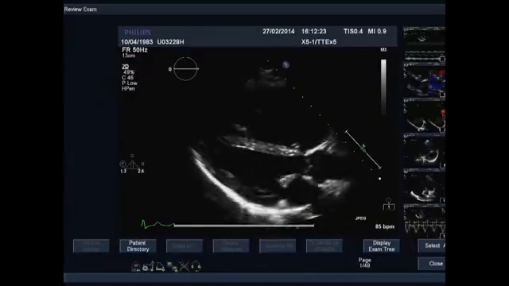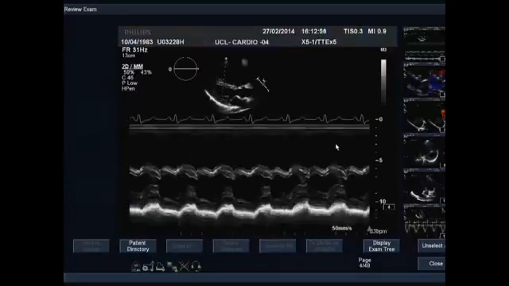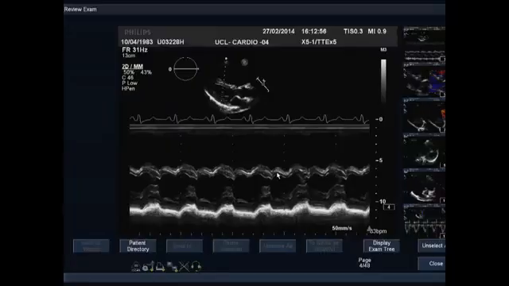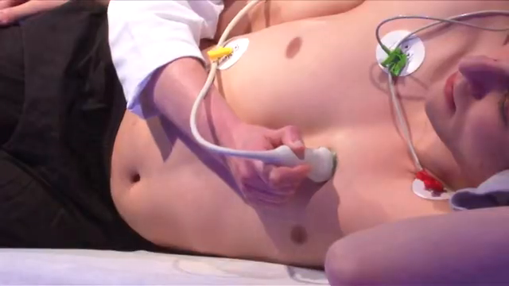If I put an M mode in the same location, you can see this very strange, paradoxical motion, and this is the sign that you have a right ventricular overload. But we have to find the reason for that. So I will suggest that we slightly tilt the probe to get a modified parasternal long axis view.